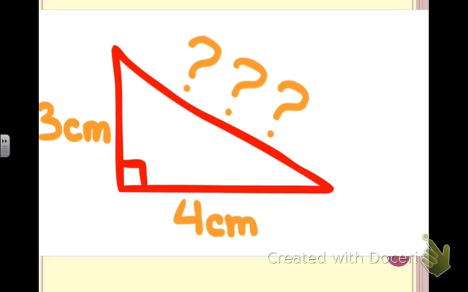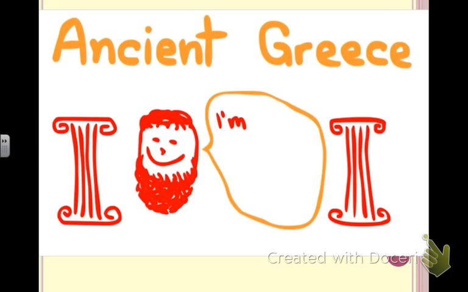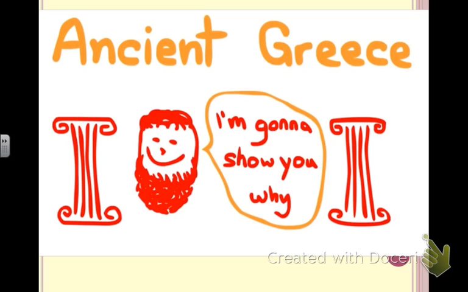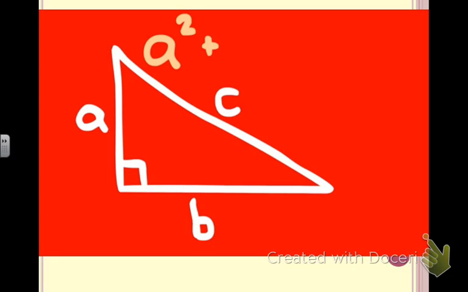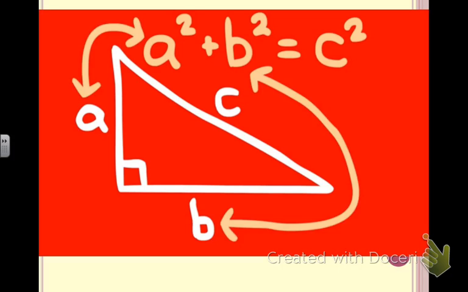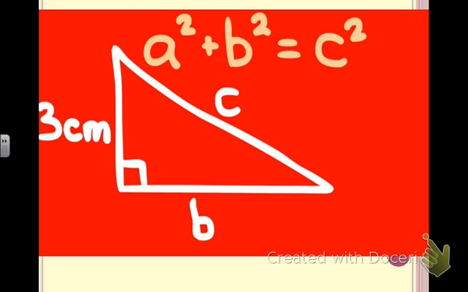Let's take you back to old ancient Greece. Pythagoras is gonna show you why. A squared plus b squared equals c squared, where c is the length of the hypotenuse. A squared plus b squared equals c squared, where a and b are the length of the other sides.